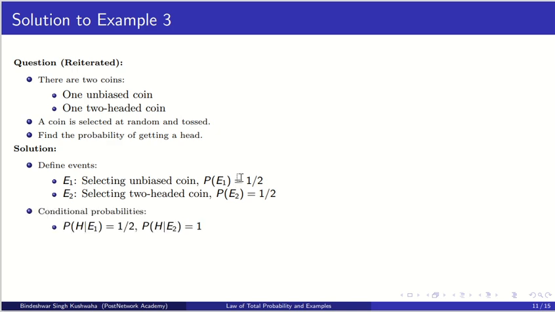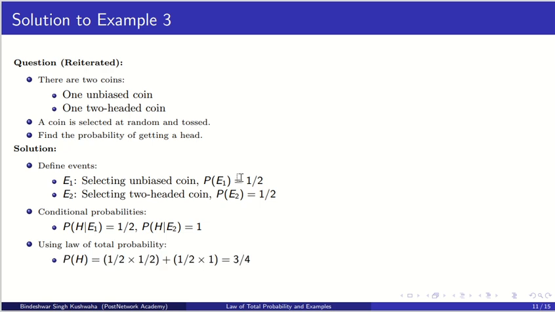Conditional probabilities: P(H given E1) and the probability of getting H given E2, that is 1, because both sides we have head, that means two-headed coin. So using the law of total probability, that would be 3 upon 4.